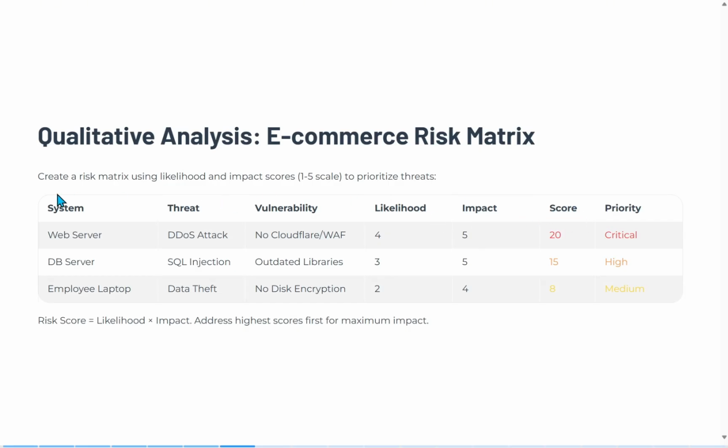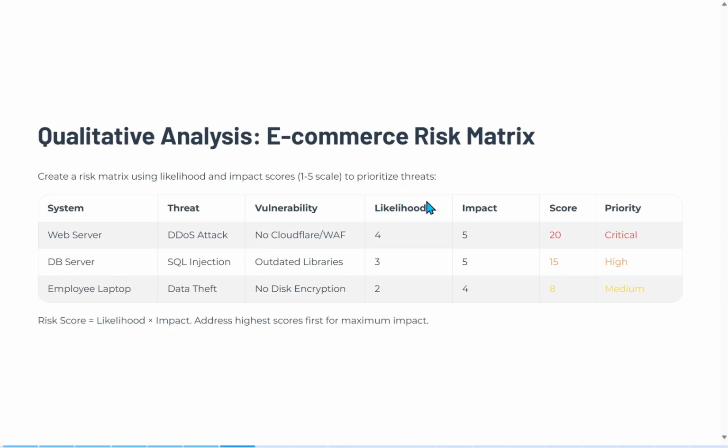So let me explain this better. We have a system. Take for instance, an attacker attacks your system, which is the server. The kind of attack the server is exposed to is a DDoS attack, which is distributed denial of service attack. Why will this attack be successful? Because there is no Cloudflare or WAF to protect the web server from DDoS attack, which is the vulnerability.